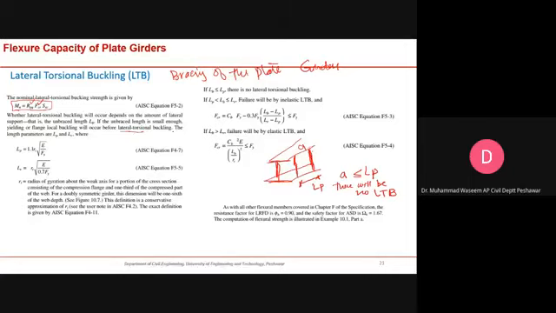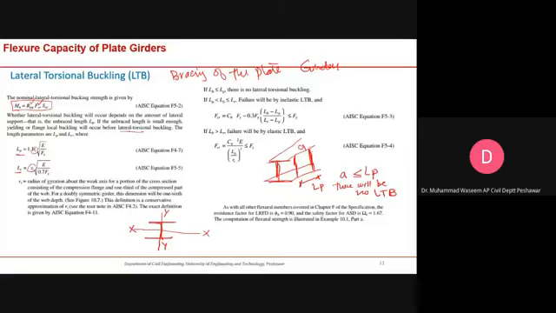In order to evaluate LTB, we use these different parameters. Okay, these equations in order to check it. Okay, but this equation uses this RT. So RT is the radius of gyration about the weak axis for a portion of the cross section. Okay, because we know that if this is a wide flange section, along this axis the radius of gyration will be different, and along this axis the radius of gyration will be different.